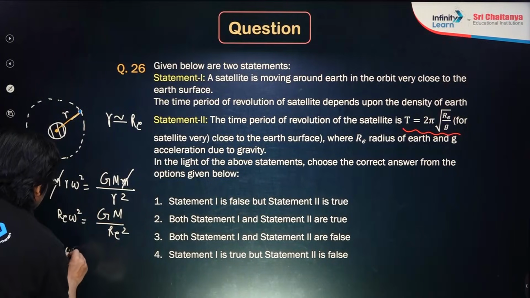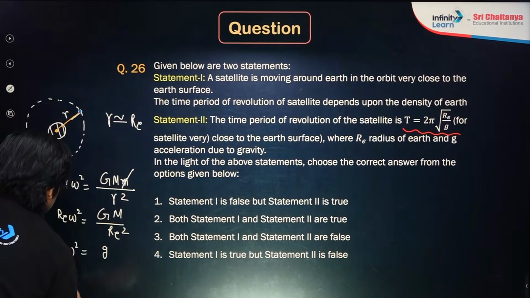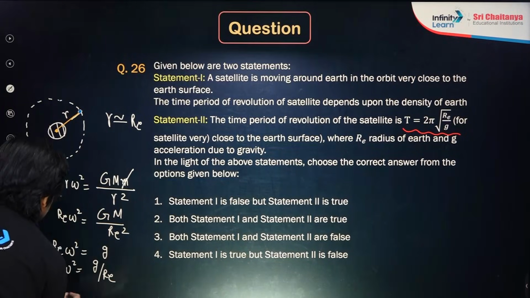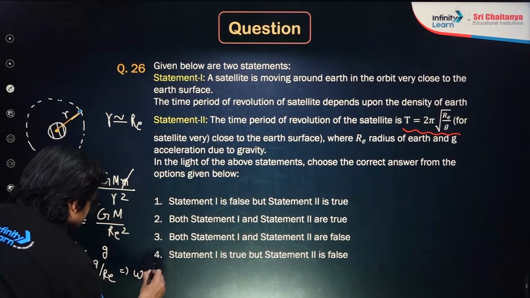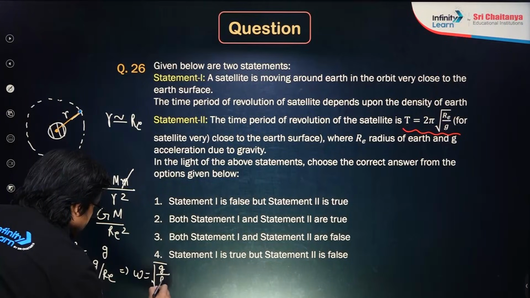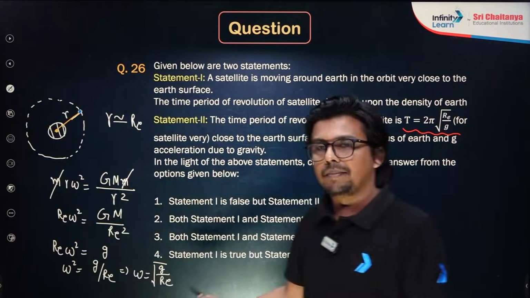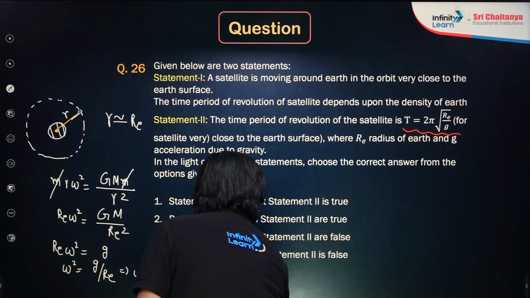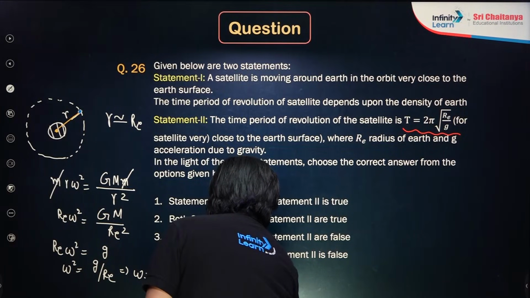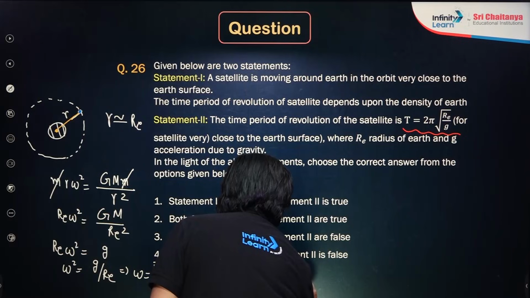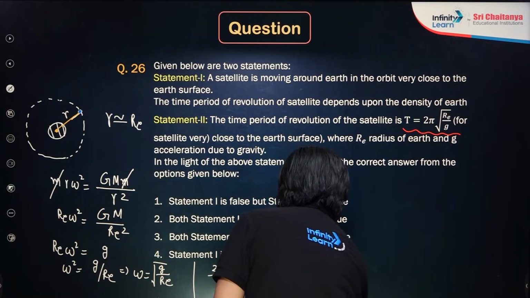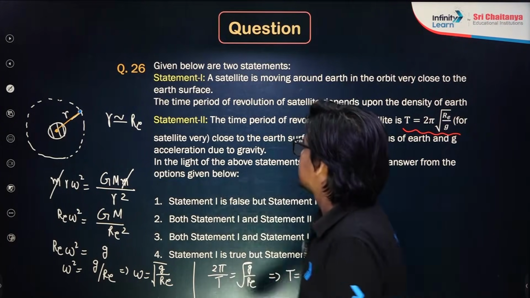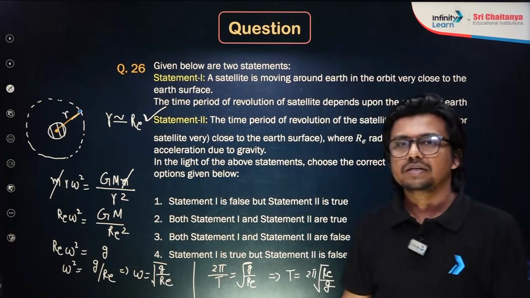So Re omega square equals g, or omega square equals g by Re, so omega equals square root of g by Re. Because omega is equal to 2 pi by T, I can write 2 pi by T is equal to square root of g by Re, and from this the time period is equal to 2 pi into square root of Re by g. So statement 2 is correct.